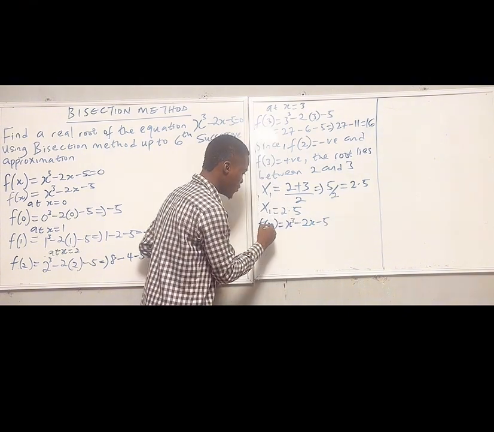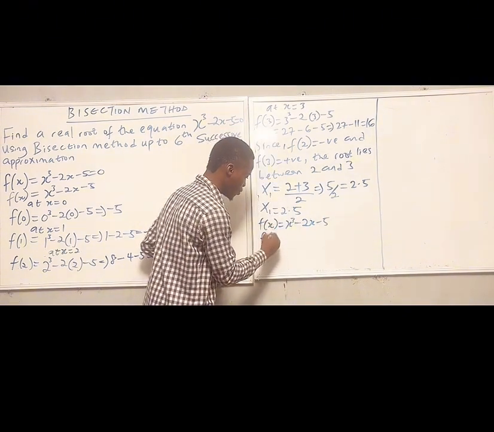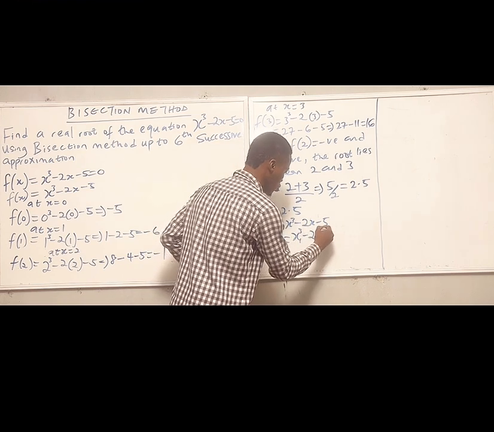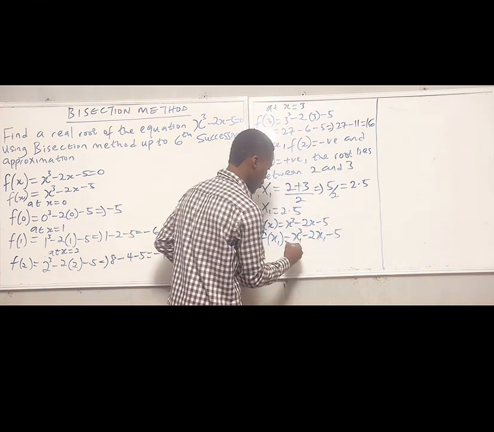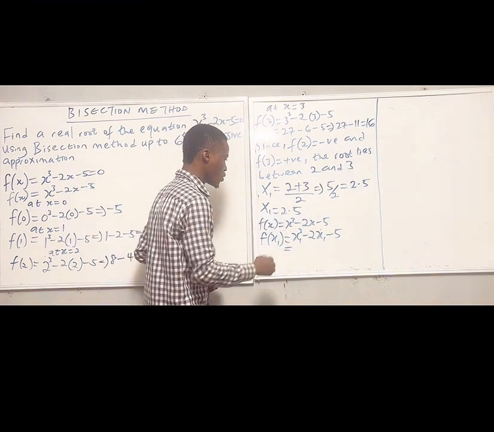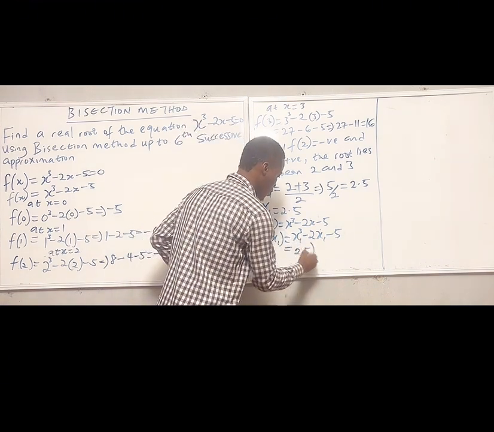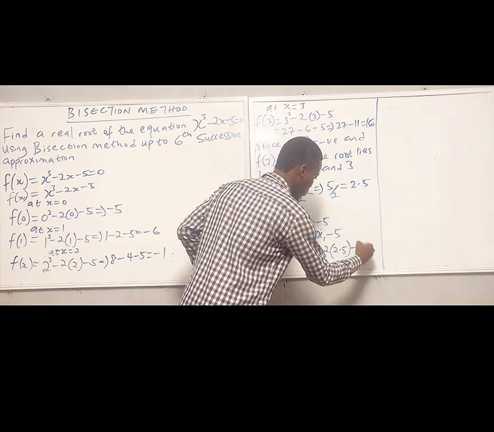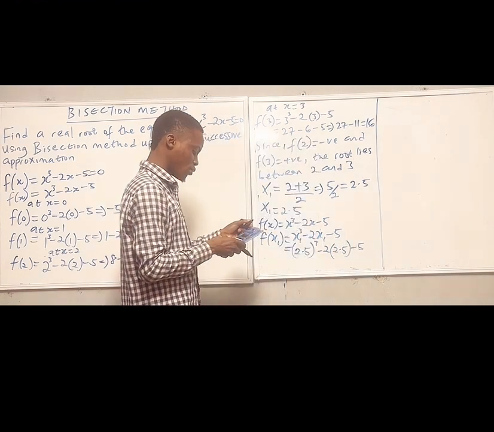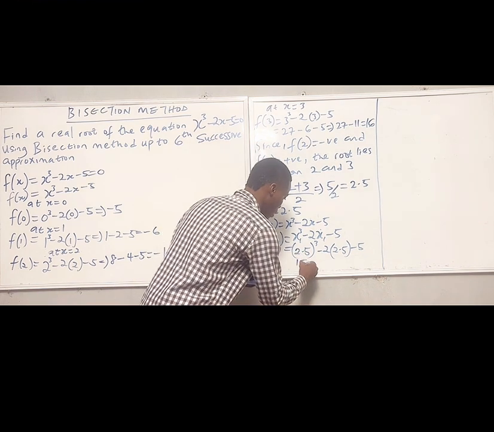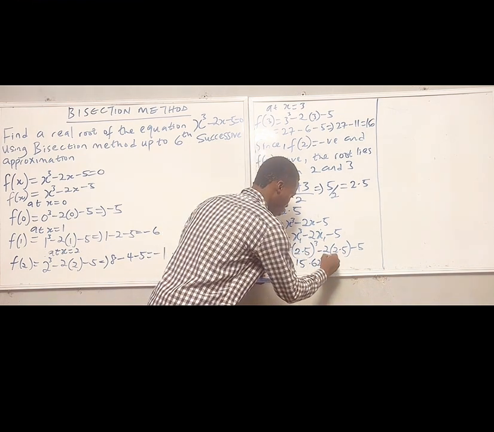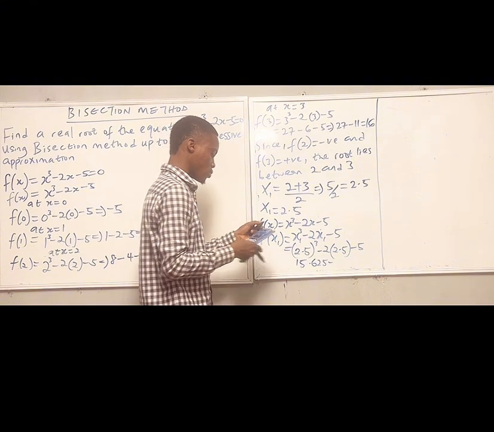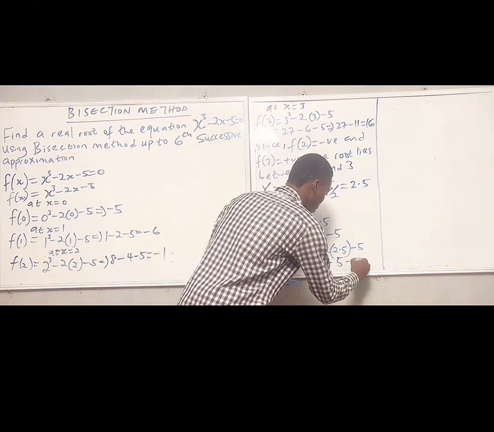So f of x1 is x1 to the power of 3 minus 2 x1 minus 5. So that is 2.5 to the power of 3 minus 2 times 2.5 minus 5. 2.5 cubed is 15.625, minus 2 times 2.5, which is 5, then minus 5.